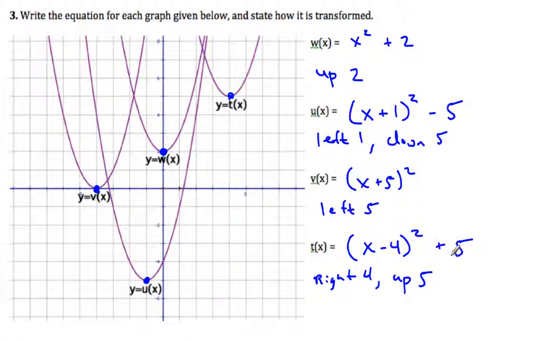Now that I look at this, I see that V of x, this is 1, 2, 3, 4. That moved left 4. So I'm going to change this to a 4, and this to a 4. Let's go on to the next slide.